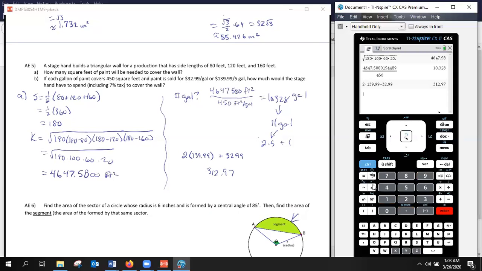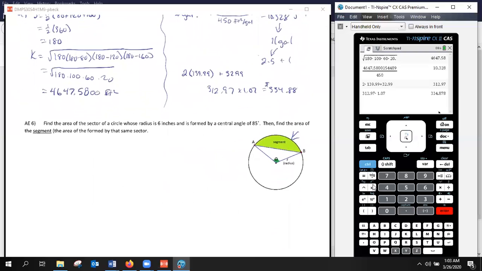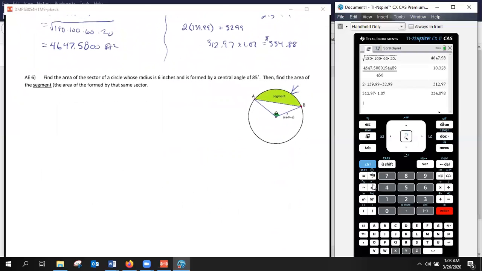And then we cannot forget to multiply this by 1.07 because we have to add the sales tax. So take that answer times 1.07, and we are going to end up spending $334.88. So that's an expensive wall. That's okay. It's for production, so it's worthy.